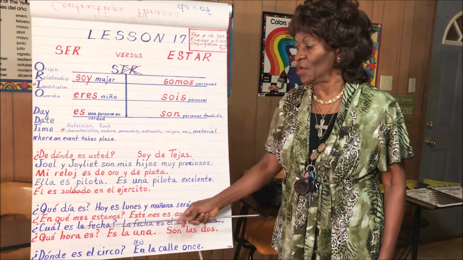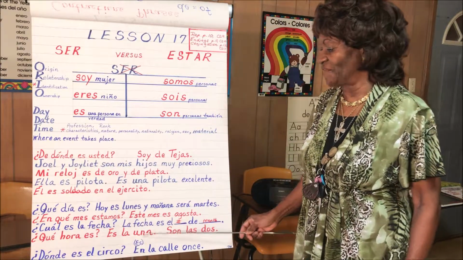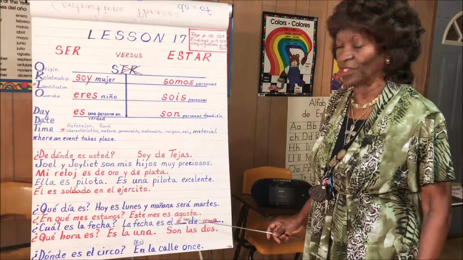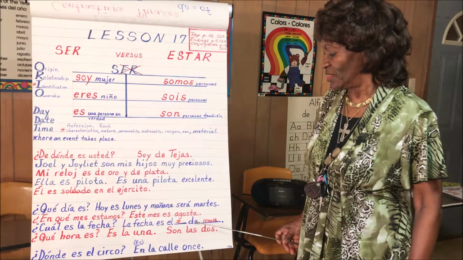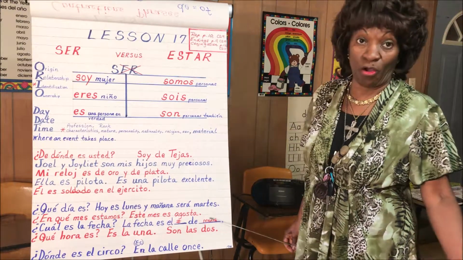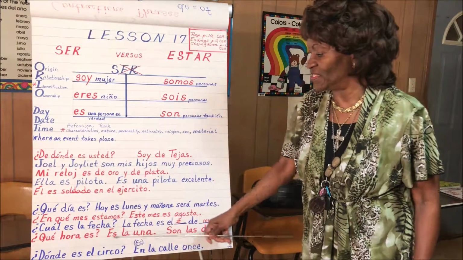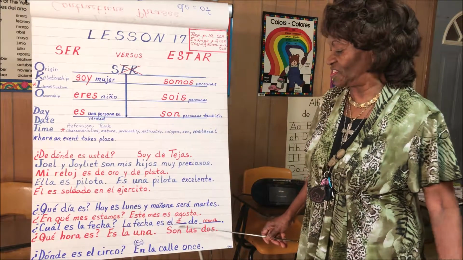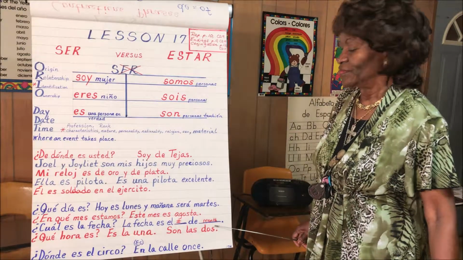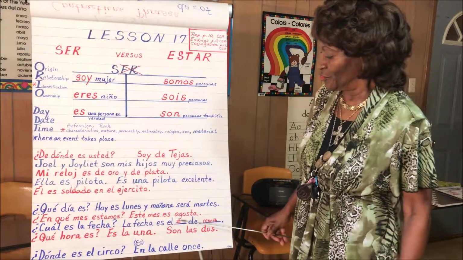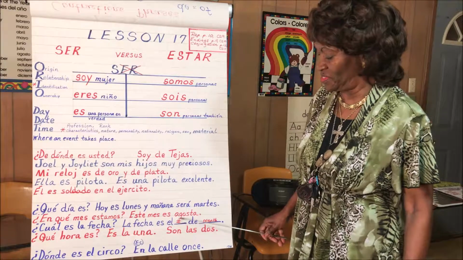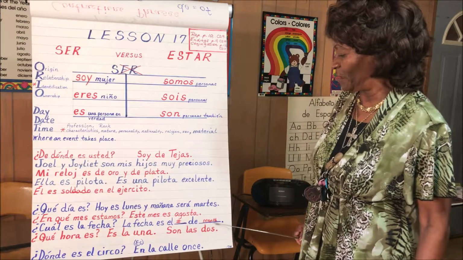What is the date? La fecha es we could say, 2 de agosto. Okay? What is the date? The date is the 2nd of August. So you put the number, the day number, and the month will be here.